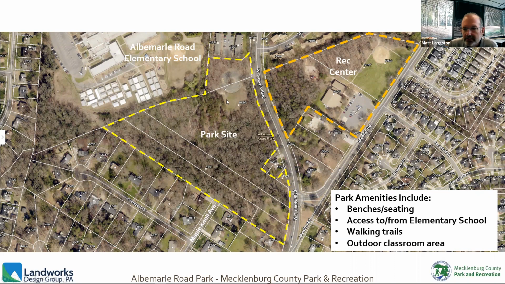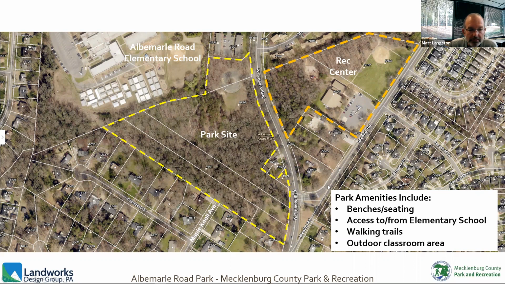We'll talk through some of the existing conditions and some of the existing challenges and opportunities, and then we'll talk about the site analysis process, and where we go from here. So you can see Harris Boulevard, as I mentioned, the existing apartment complexes to the north on both sides of Harris Boulevard.